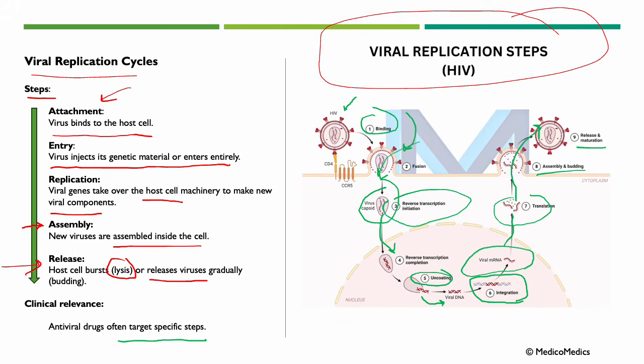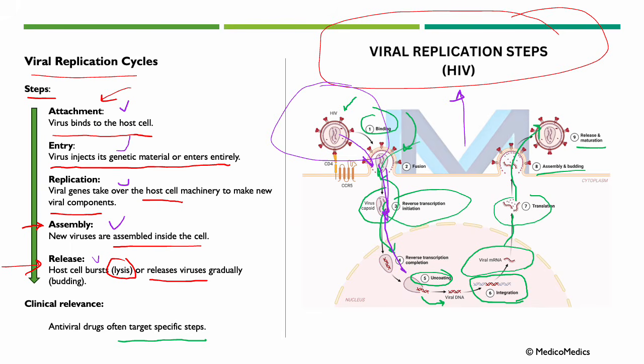Now, in our lectures on HIV specifically, we will dive into greater details, talking about each of these steps in relationship to the HIV virus itself. However, here, what is high yield is remembering these steps. Remembering that the virus will first bind, then it will enter or deliver its material.